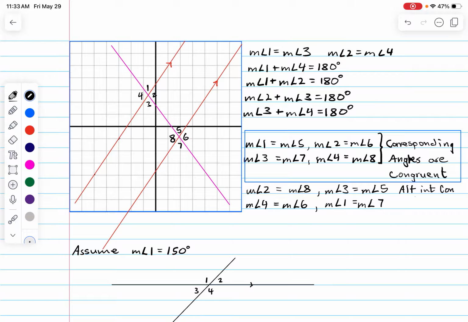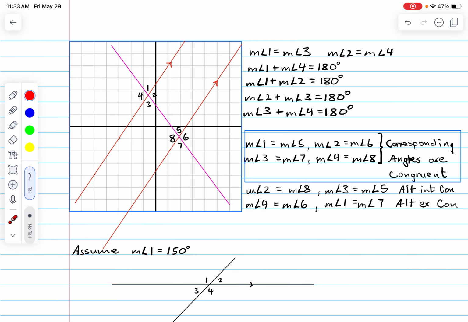And those are alternate exterior. And those are also congruent. See? So this angle, alternate exterior. This angle, alternate exterior. Okay?